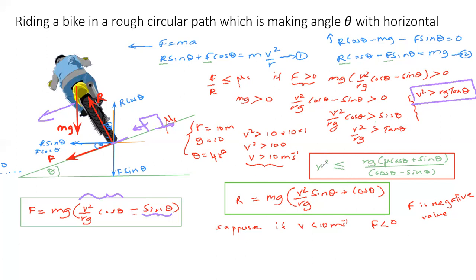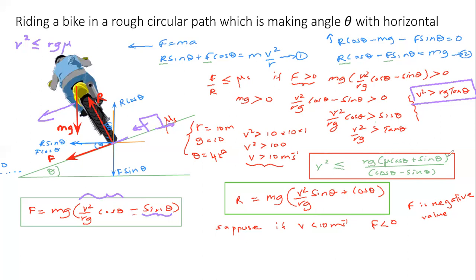And also now we can see, in order to maintain this bike in circular motion, v squared should be greater than this value, right? Now, in the previous case, we wrote down that v squared is less than or equal to this particular value. In the previous case, when the road is flat, it is only rg mu, right?